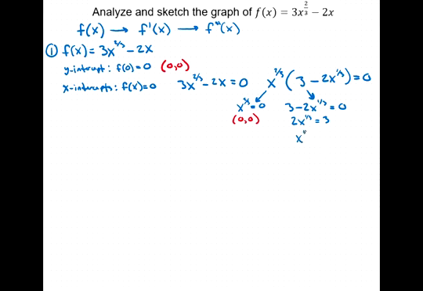So x to the 1/3 is equal to 3 over 2, and we'll take both sides to the 3rd power, so we get x equals 27 over 8. All right, so we have an x-intercept of 27 over 8, comma 0. So that point's going to be on the graph of our function.